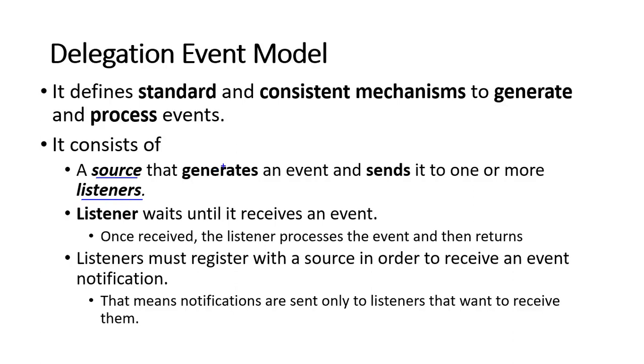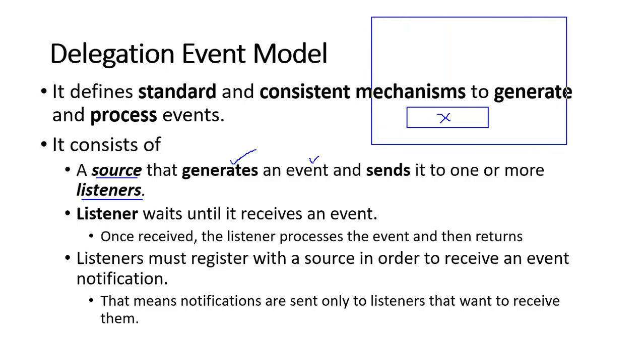Source is that component that generates an event. For example, a source could be a button which is there on your form. When you click on that button, it generates an event. This event is sent to the listener.